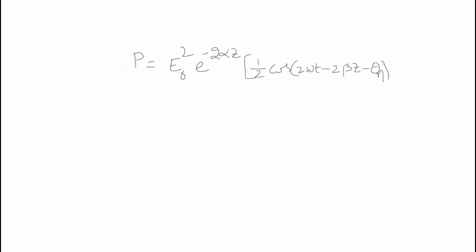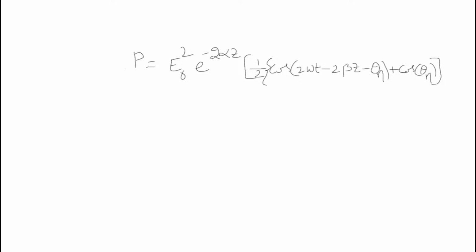That is the addition. For the subtraction, cos of A minus B, cos omega t gets cancelled, beta z cancels, and you have cos theta eta.